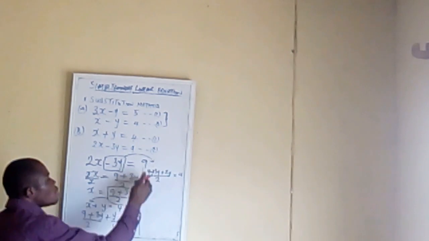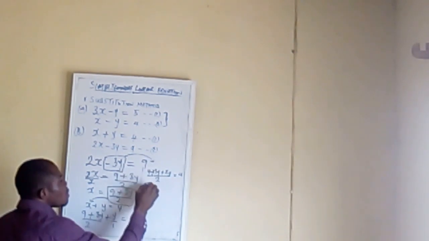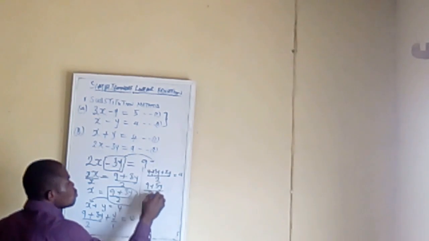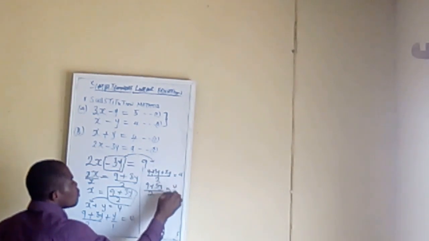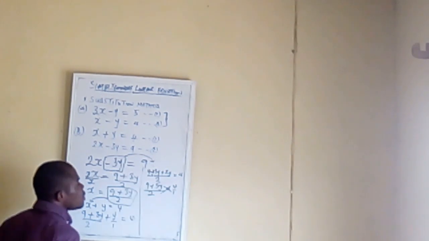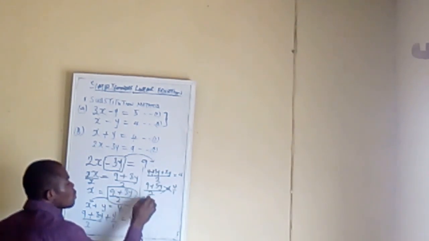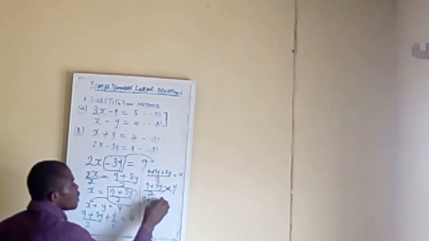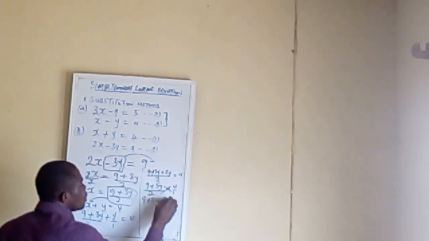Right? So you can simplify what is there. We have 9 plus 5y over 2 equals 4 over 1. So we can cross multiply. This will be 9 plus 5y equals 2 times 4, that will be 8.